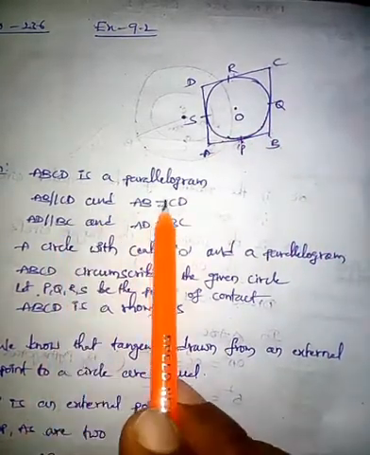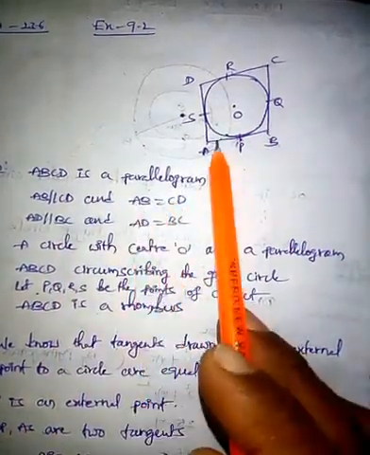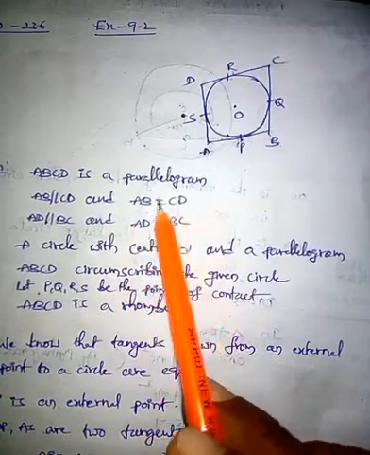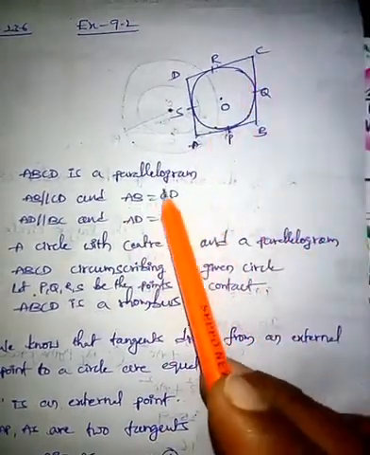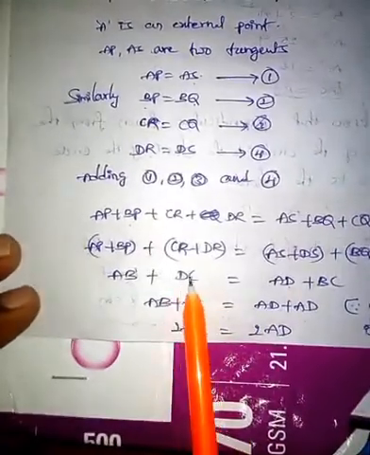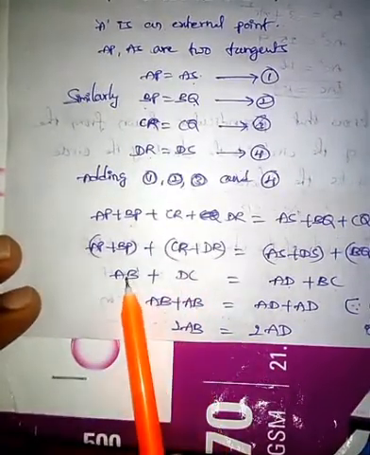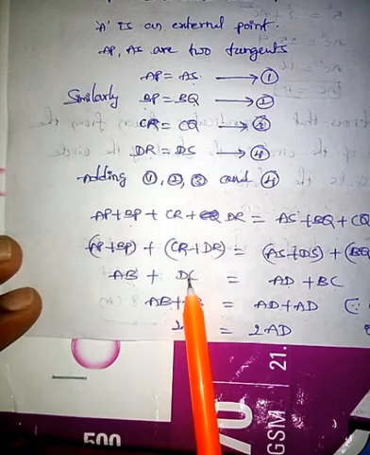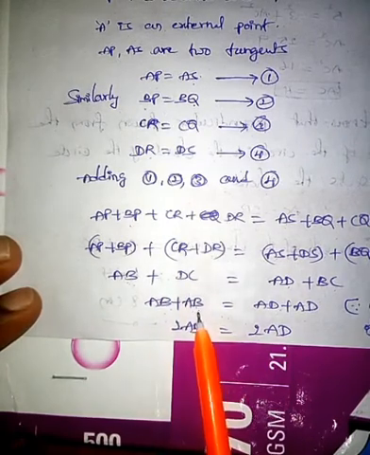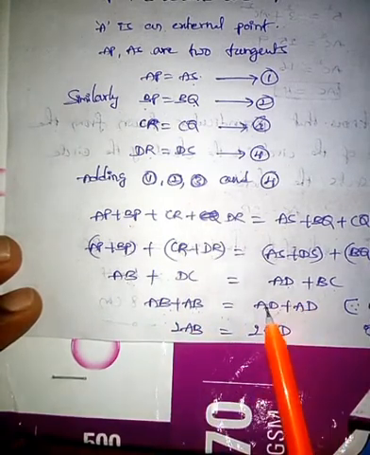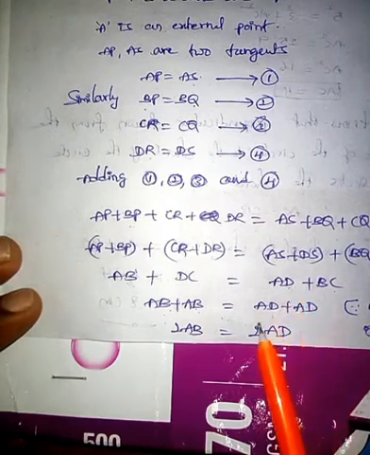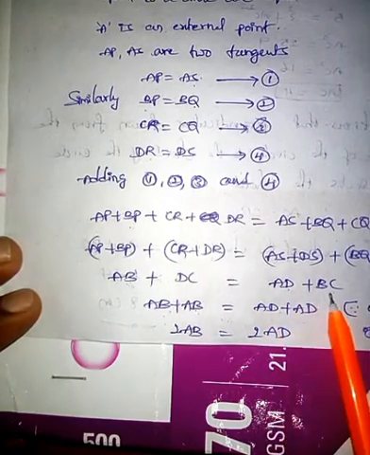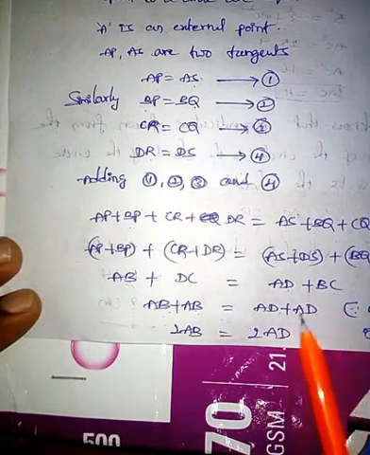At the starting I wrote the information also, that is, ABCD is a parallelogram, that's why AB equal to CD. Okay, in the place of CD we can substitute AB. That's why at this point I substitute AB in the place of DC. So AB as it is, in the place of DC I substitute AB here. And similarly write AB as it is, and substitute AD in the place of BC, because BC and AD are opposite sides.